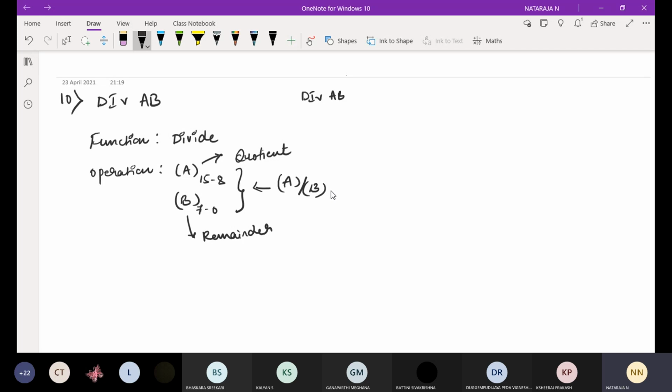The carry and overflow flags will be cleared. Can you try this example? I will give an example.